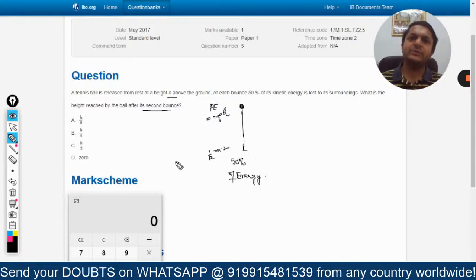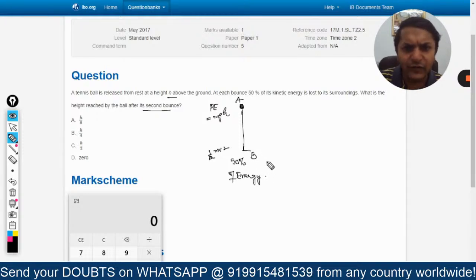So it means that 50% of the total energy is lost, because as it moves from position A to position B, all of the potential energy is converted into kinetic energy first of all. So 50% of the kinetic energy means 50% of the total energy the body was having has been lost. So now only 50% remains.